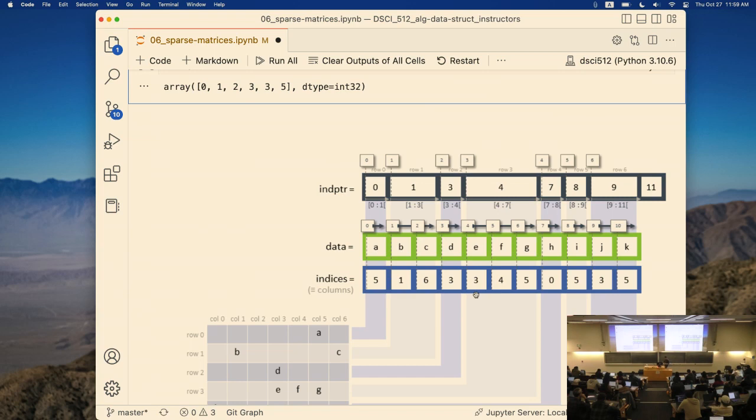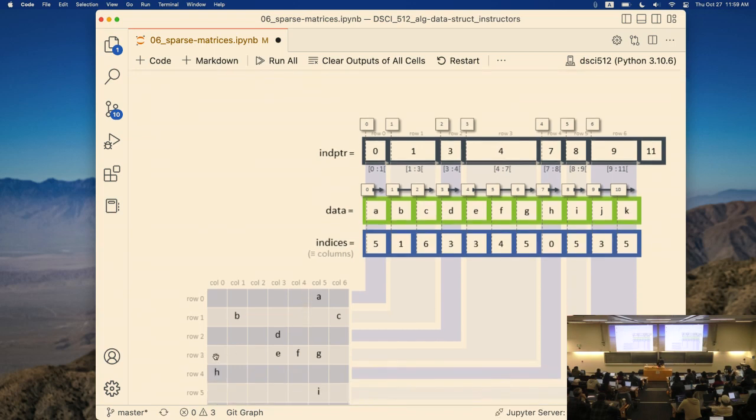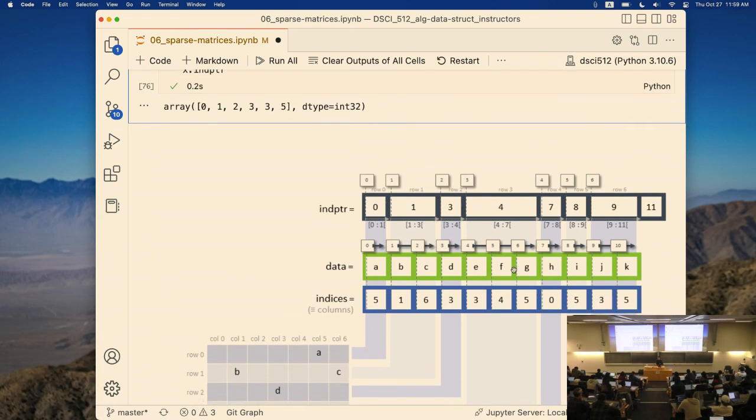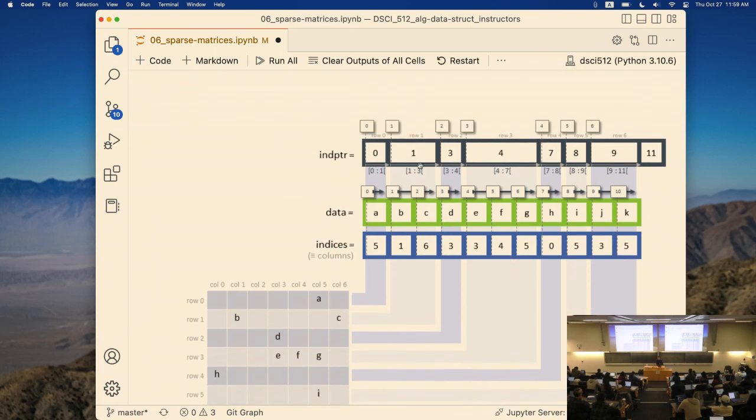Row 3. Wait. This one. So that's node 3 that's connected to itself and also to node 4 and also to node 5. Okay, wait. 1, 0, 3.